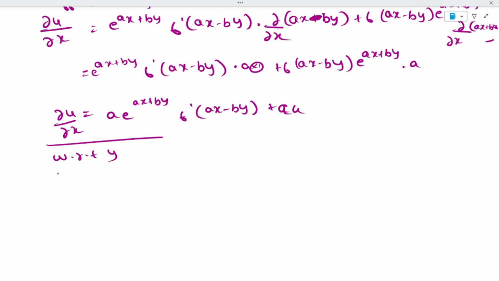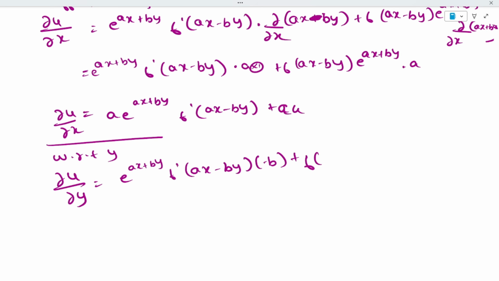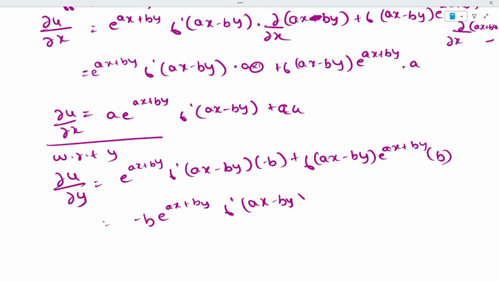If you follow all these steps, you will get del u divided by del y as e power ax plus by as it is, f dash of ax minus by into minus b, and plus f of ax minus by e power ax plus by of b. That means if you take out minus b e power ax plus by common, f dash of ax minus by plus bu will be remaining, here au, here bu.